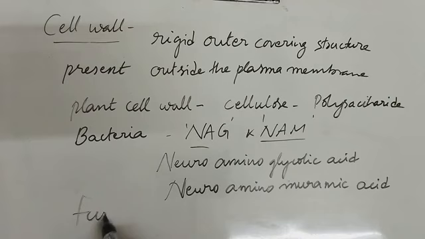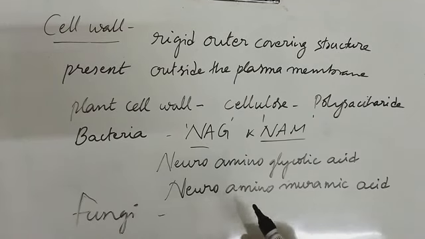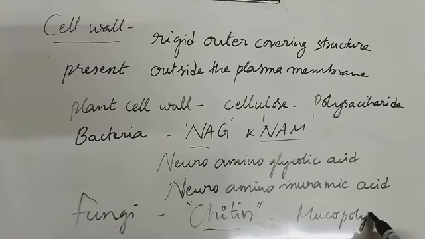In fungi, the cell wall is made up of chitin. It is a mucopolysaccharide. Right.